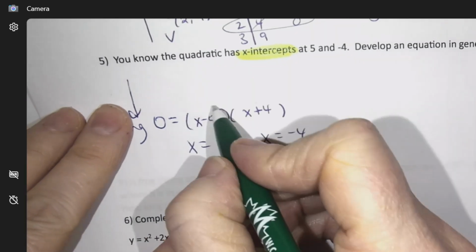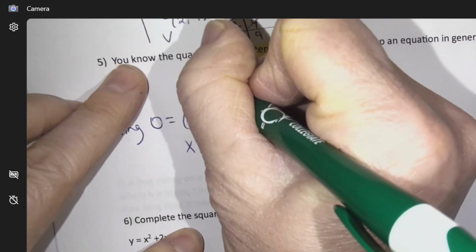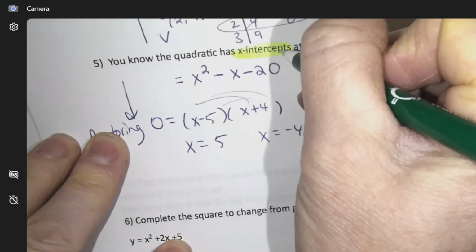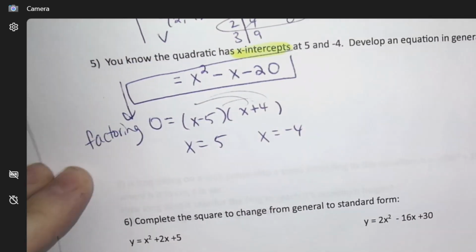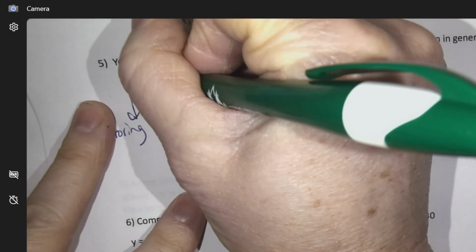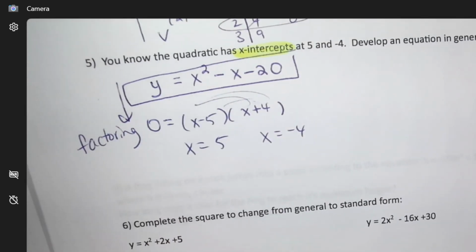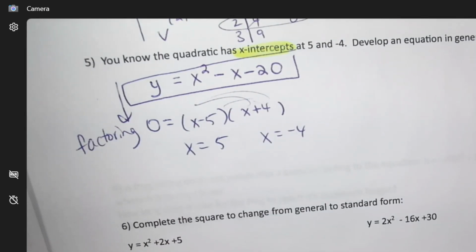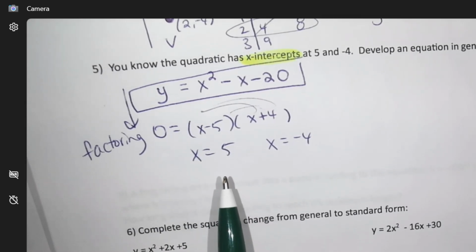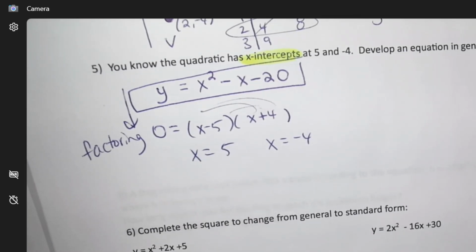So if I FOIL this, I get x squared minus x minus 20. And what should I now write officially on the equals there? I should write y. Okay? Here it was 0 because that's how you get an x-intercept. You have to turn y into 0. Okay, so you know that process. Foiling, factoring, opposites.